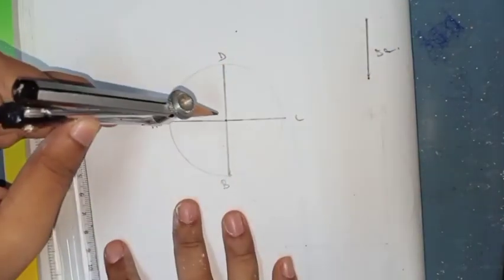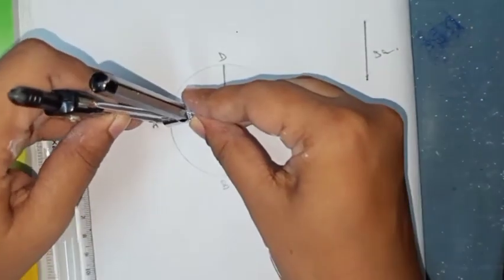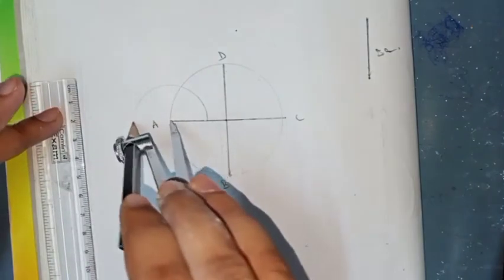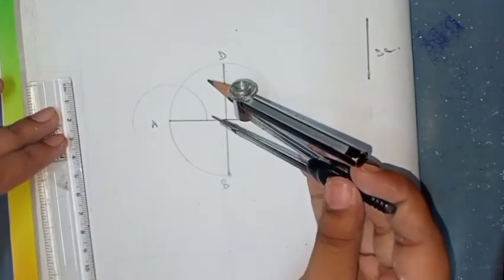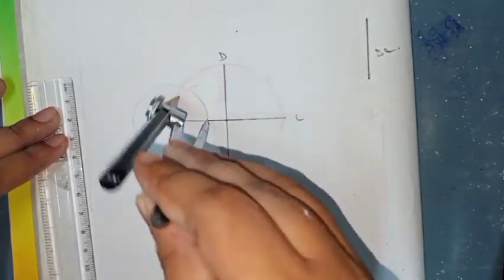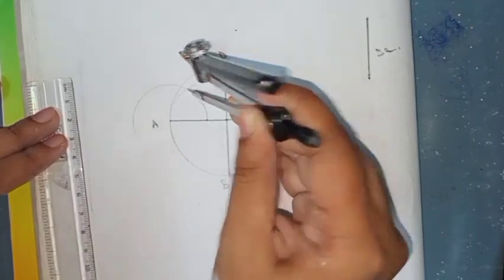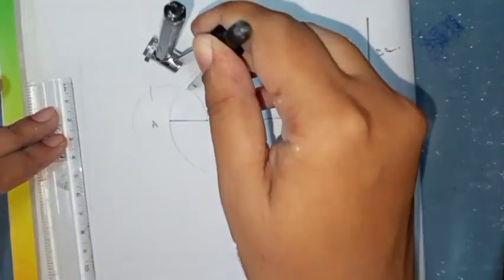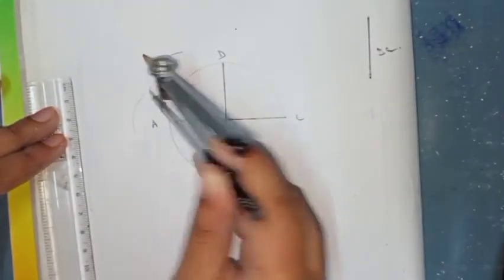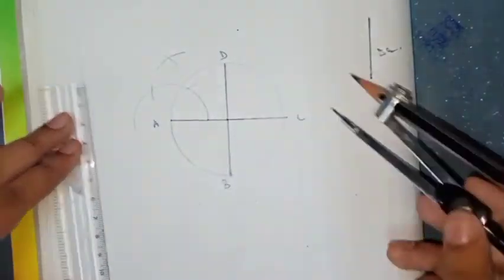First you will keep your compass on point A and draw any arc. According to you, you can draw any arc. Now put your compass in this point, cancel this, then put your compass in this point, cancel this, up and down, then put your compass here, cancel this, means 90 degrees.